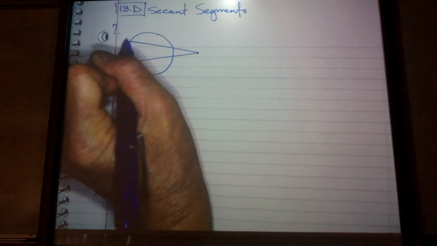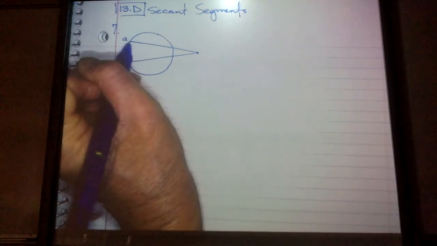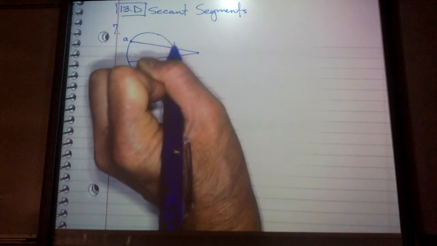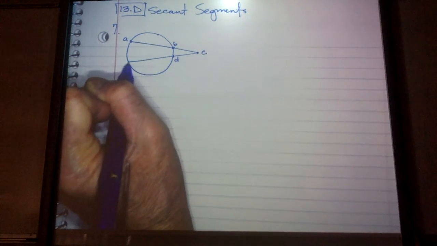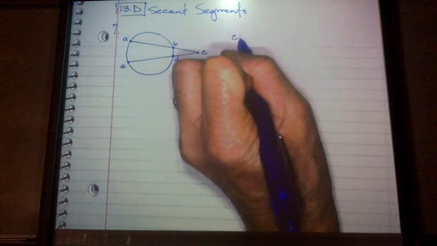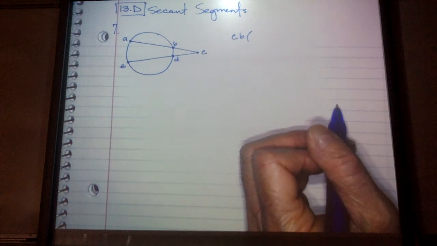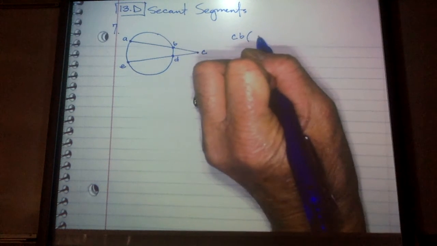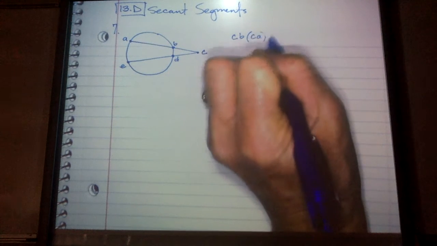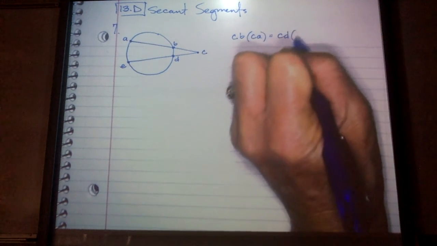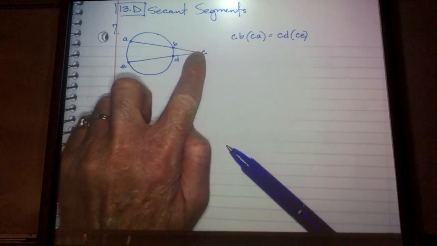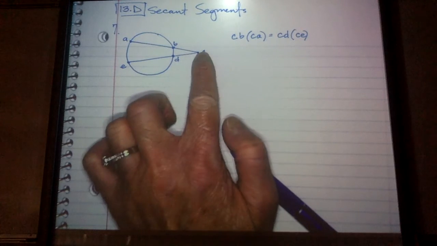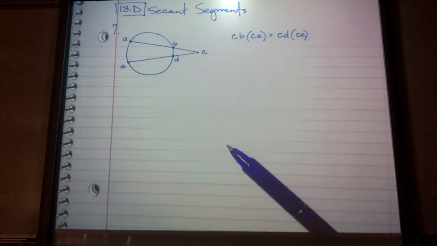So if this point here is A, this point here is B, this is C, this is D, and this is E. I know that the product of CB times CA has to be equal to CD times CE. So I'm using CB times CA and CD times the whole segment. Those two have to be equal.